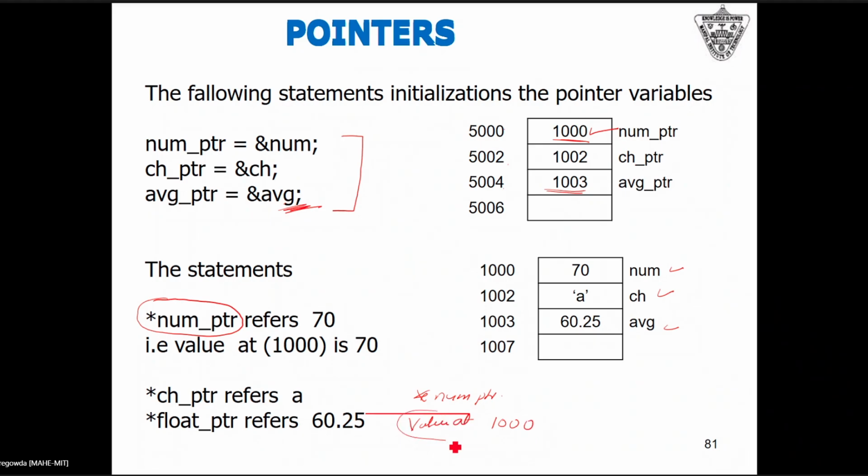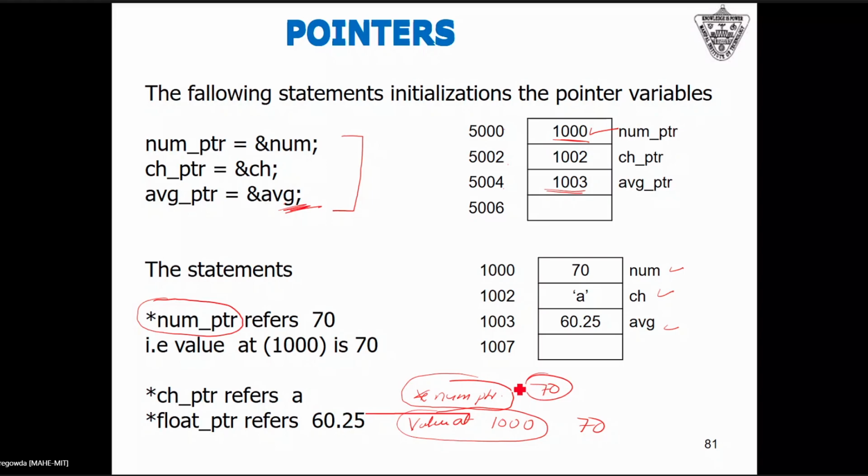So the value at 1000 is nothing but 70. When you write the statement *numptr, you are trying to access the value 70. It is nothing but the value of variable num here. You are accessing the variable num through the pointer.